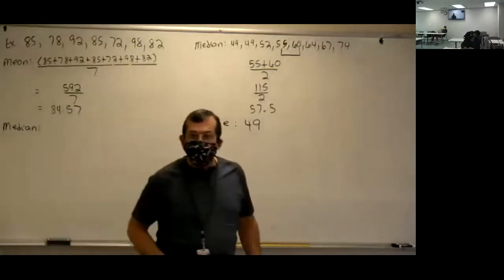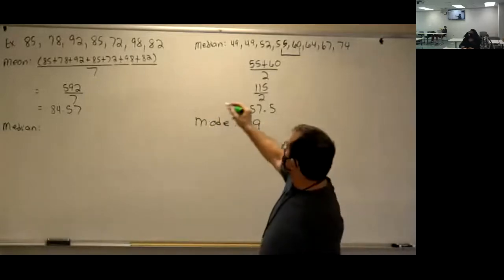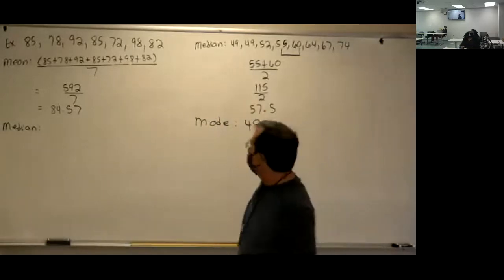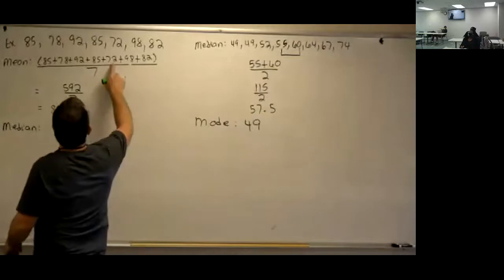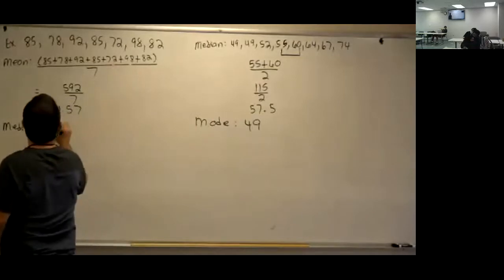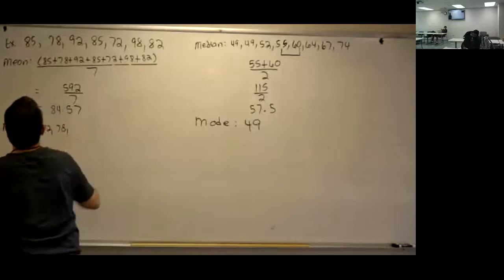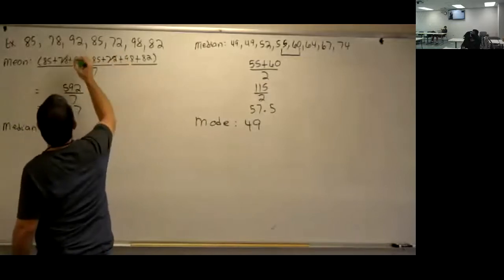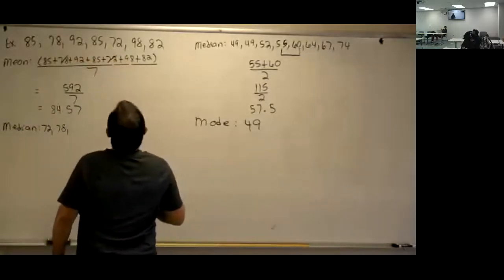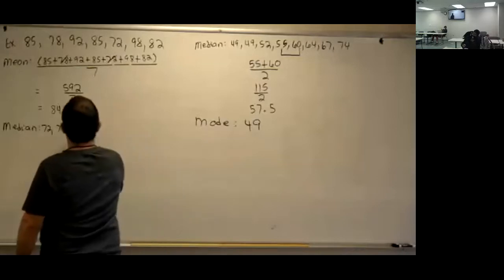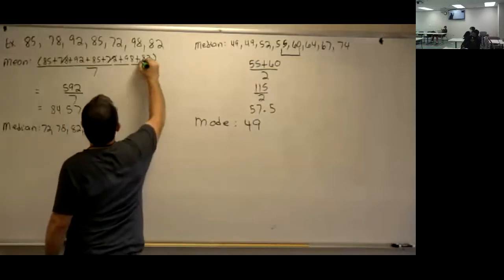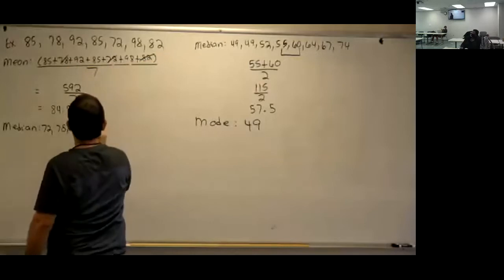To find my median, I'm going to put all these scores in numerical order. So I got 72, 78, 82, 85 twice.